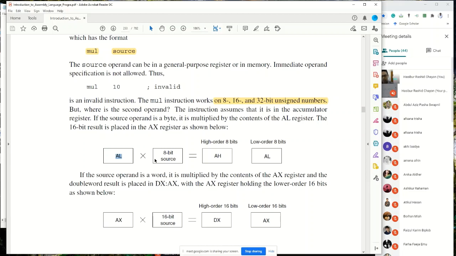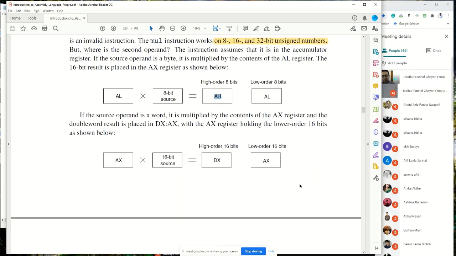So one source we are giving, but the other is already stored in AL. Then we multiply 8-bit by 8-bit, and the result will be 16-bit long, right? The lower part is stored in AL, same, and the higher part is stored in the AH register. Our result is 16-bit long because it's 8-bit multiplied by 8-bit.